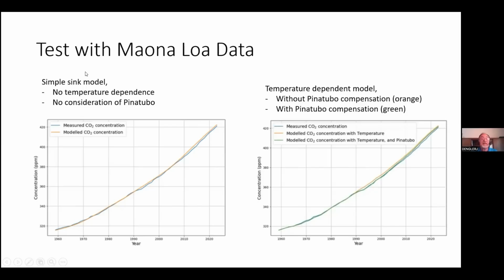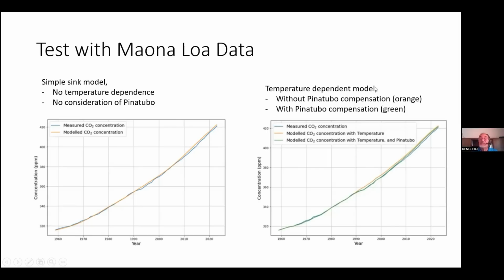Yeah? When we make the simple sink model, we see that the model is very good, but you can see rather small deviations since 1990. Yeah, but here they vanish again, and here they come again.